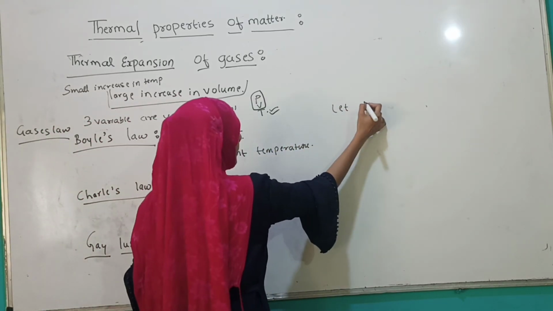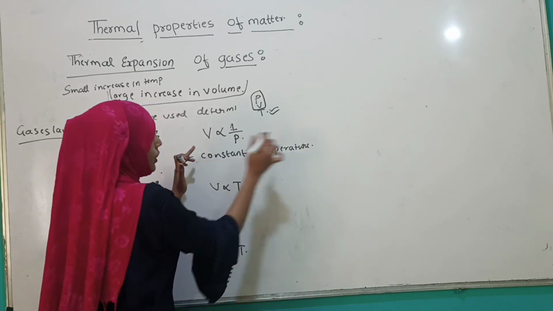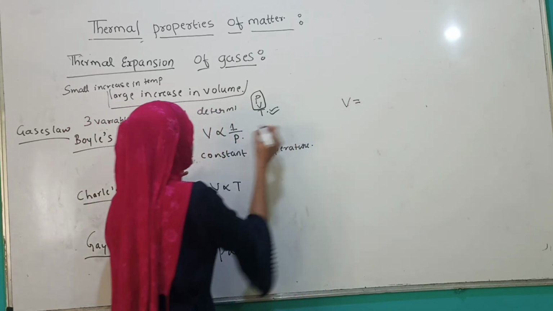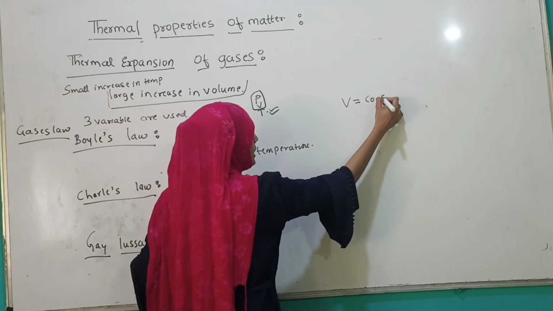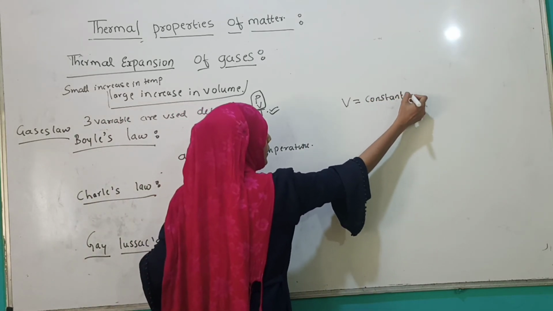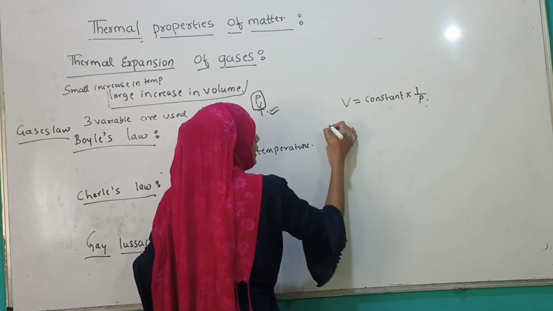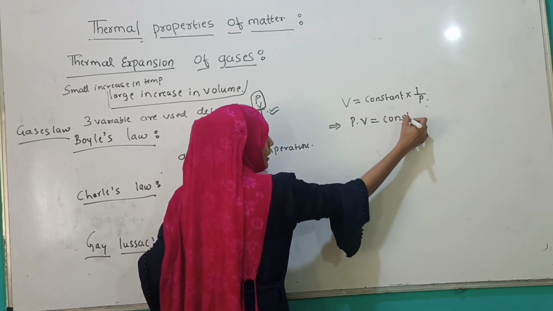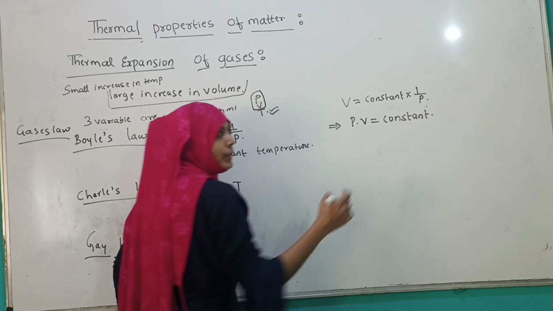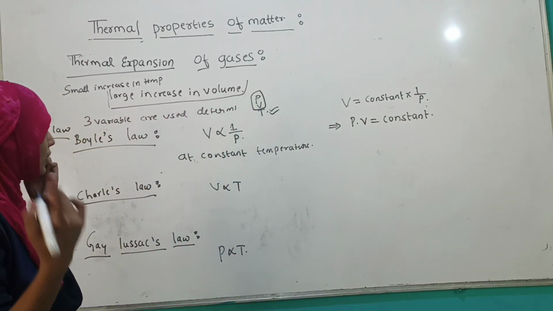Let us see, V is proportional to, with this proportionality sign, constant into 1 by P. That implies PV is equal to constant. PV is equal to constant.